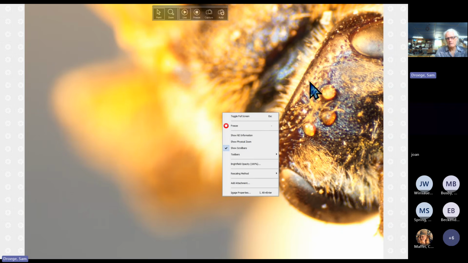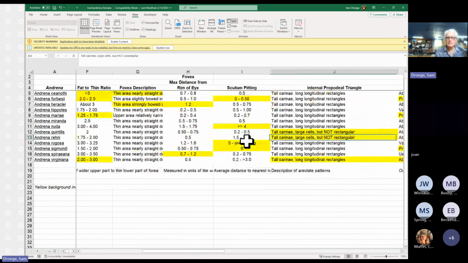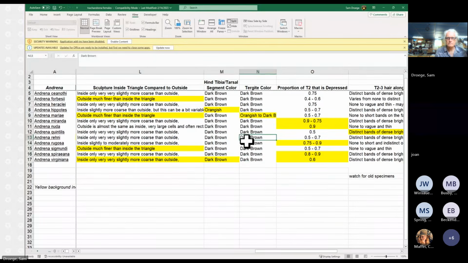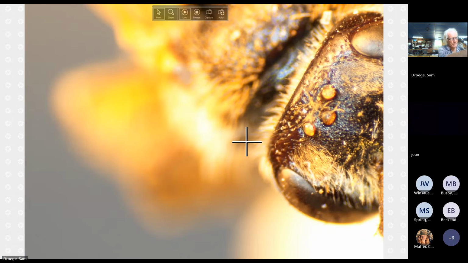If we put in our pretend ocelli, it's like 1.5. And indeed there it says 1.5 to 2. That could have changed depending on the angle that we were looking at. You want to see T1 again? So that should be 2 to 4. Let's do that.